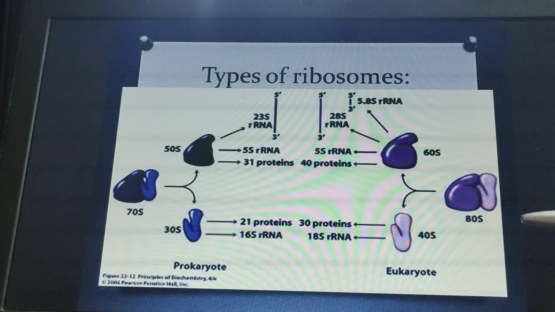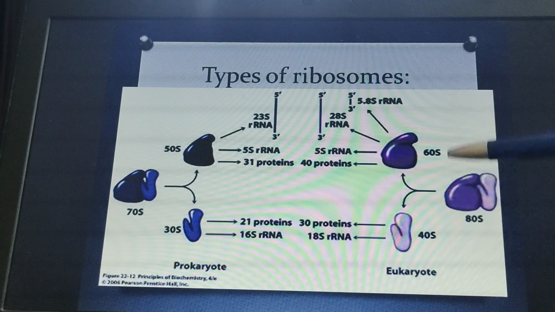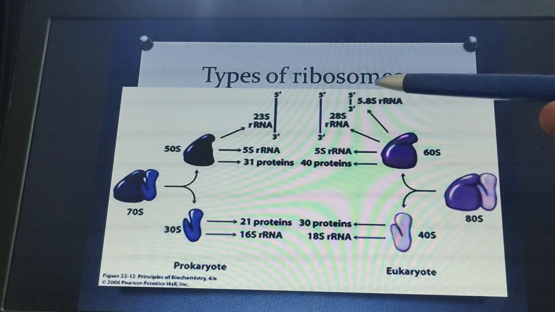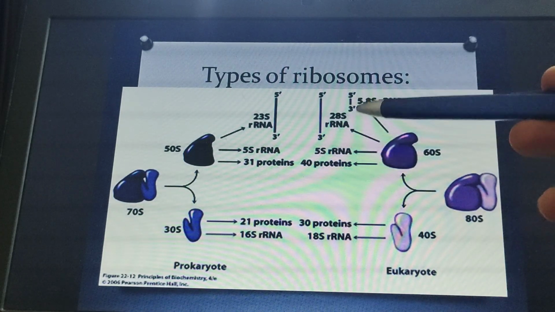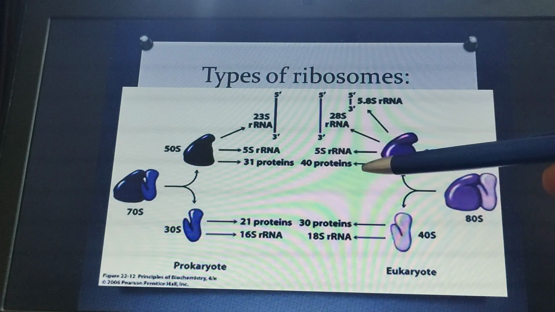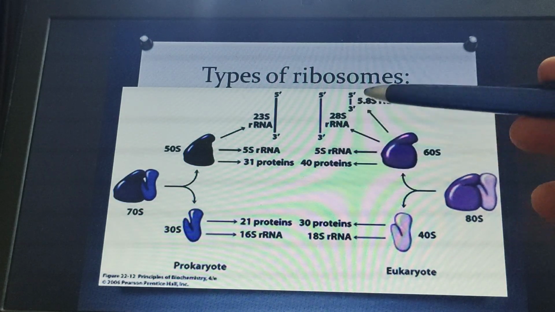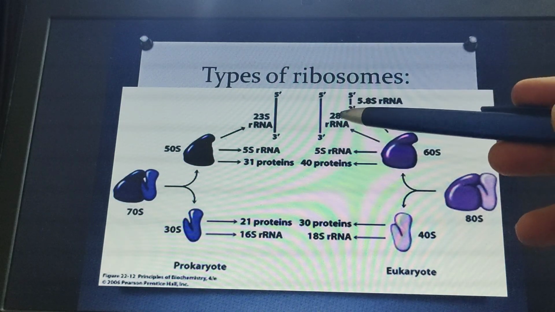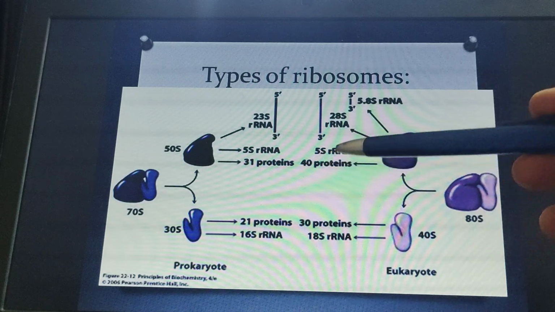In the eukaryotes, as we said, it is 80S, so here the two subunits are 60S and 40S. The 60S is made up of 5.8S rRNA, 28S rRNA, 5S rRNA, and 40 proteins.